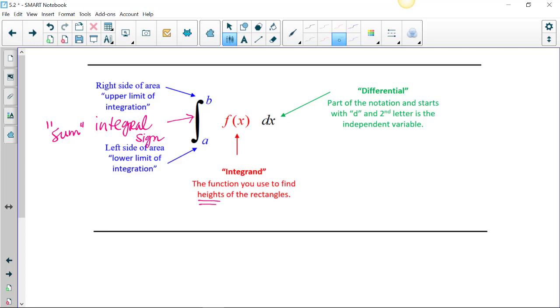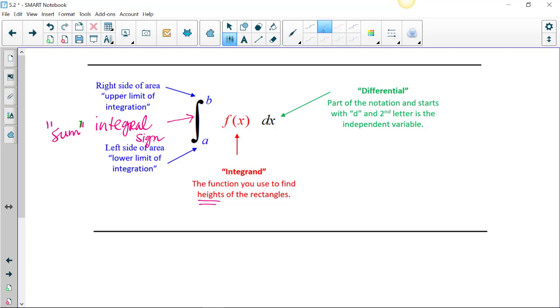And then this last symbol out here, this dx, that's just what's called the differential. It's part of the notation. It goes along with the width of the rectangle if you're looking at the formal notation for the definite integral, which we don't really spend time on in this class.